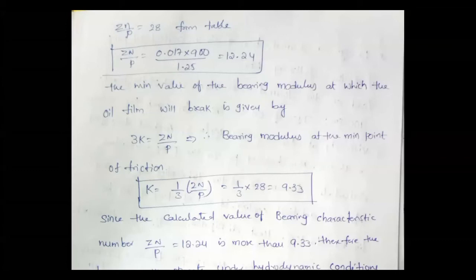I am having a Zn by P value of 28. Please observe it from your data book and post your answer: the Zn by P value corresponding to the centrifugal compressor. Right, 26, 28. Okay, right. Next.